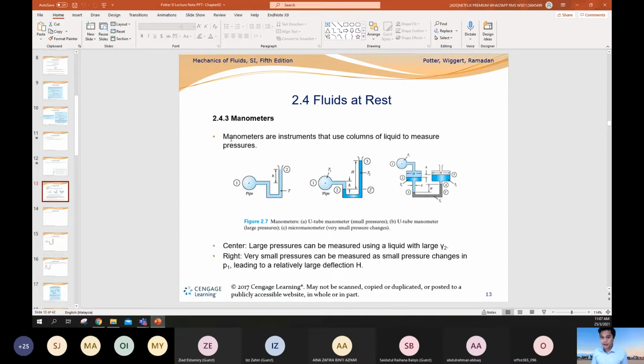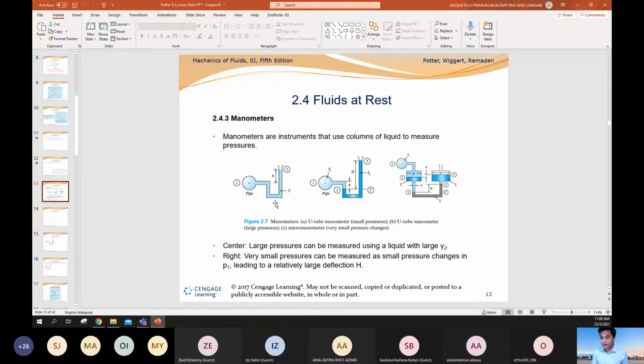Manometer is the pressure instrument used to measure the pressure that uses a column of liquid to measure the pressure. Alright, so when we look at the manometer, we have the column, and second one we have the different shape. For this case, it is the U-tube shape.